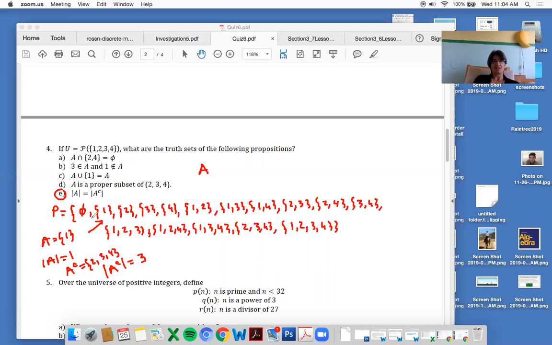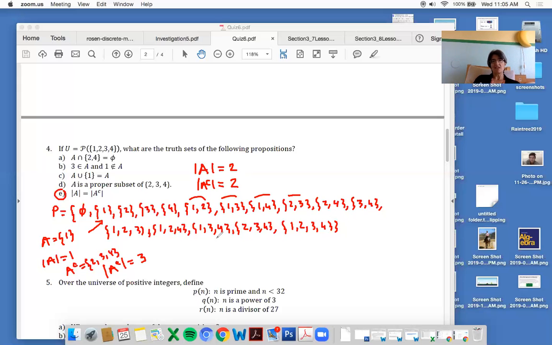Obviously it's not going to work for any of the 1 element sets, because the cardinalities of these sets are 1, but the cardinalities of the complements are going to be 3. If I look at the 2 element subsets, the cardinality of those subsets is 2, and the cardinality of the complements is also going to be 2. If I look at {1, 2}, the complement is {3, 4}. If I look at {1, 3}, the complement is {2, 4}. So these are the ones that match.